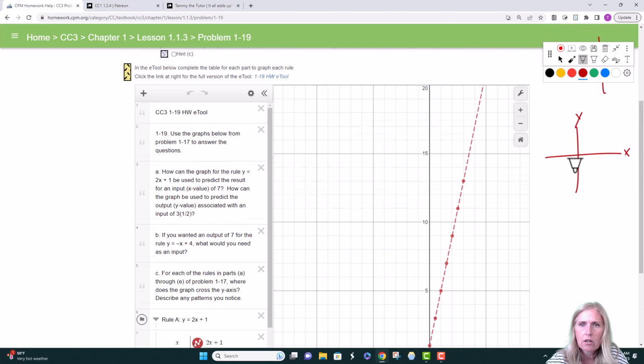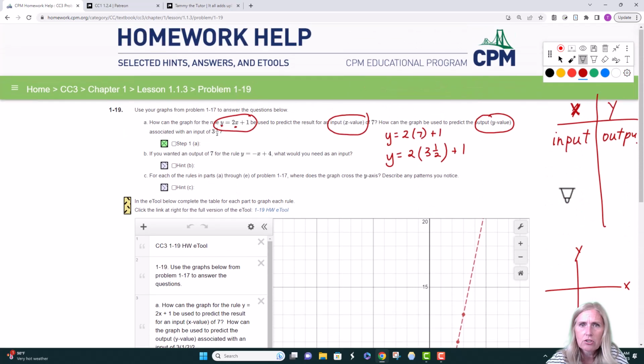So let's go back and look at the question again. How could you predict the result? The result will actually be the y. If you put something in for x and solve all of this, the answer or the result would be what the y is. Just let that sink in and see if that makes sense.